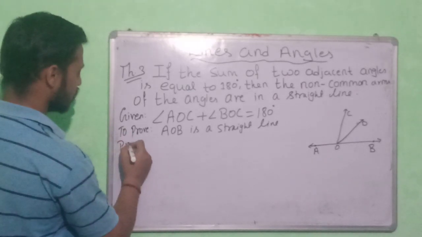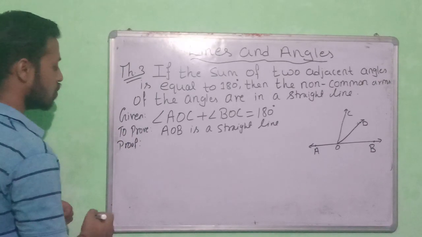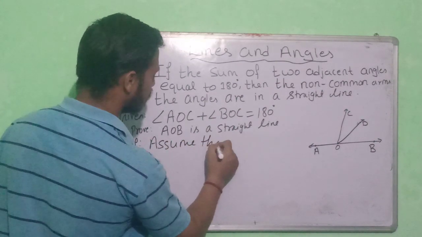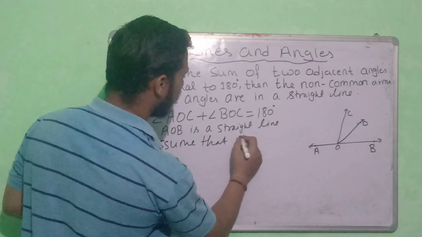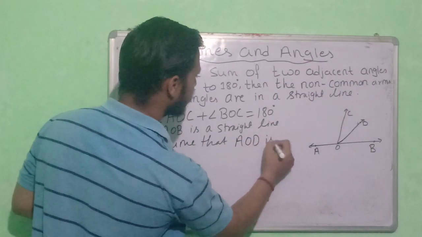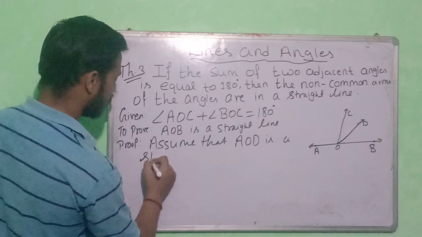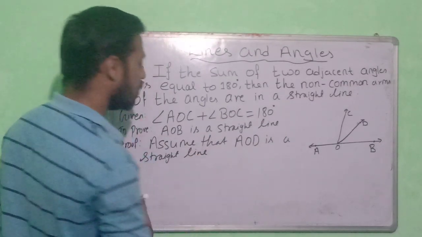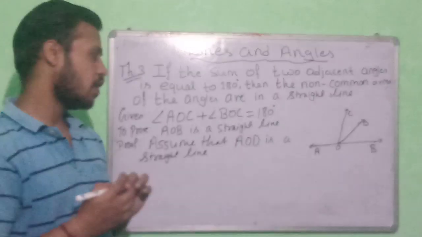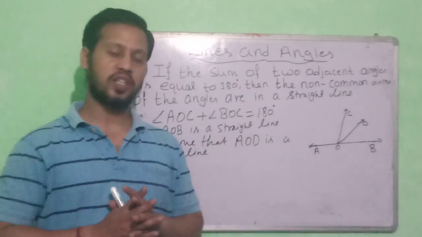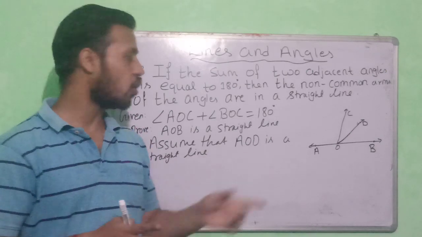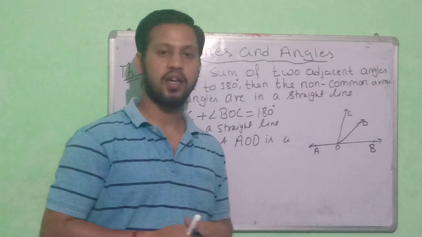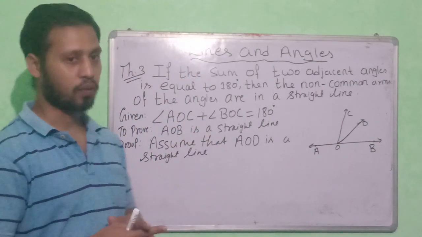We will assume that AOD is a straight line. Students, if we prove this assumption wrong, that AOD is not a straight line, then we can say that AOB is a straight line, if our assumption is wrong.